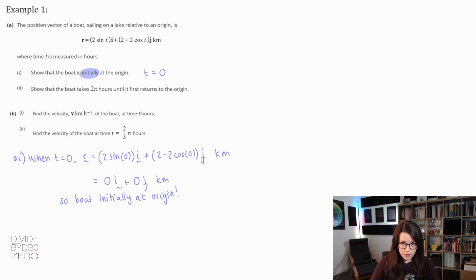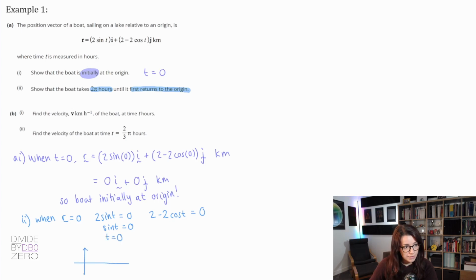Part 2. Show that the boat takes 2 pi hours until it first returns to the origin. So if it's returning to the origin, that means that the position vector is going to be 0 again. So let's say when r equals 0, that would mean that 2 sin t would have to be 0, but also 2 minus 2 cos t would have to be 0. If you solve these trig equations separately, for this one, you'll get t is 0.